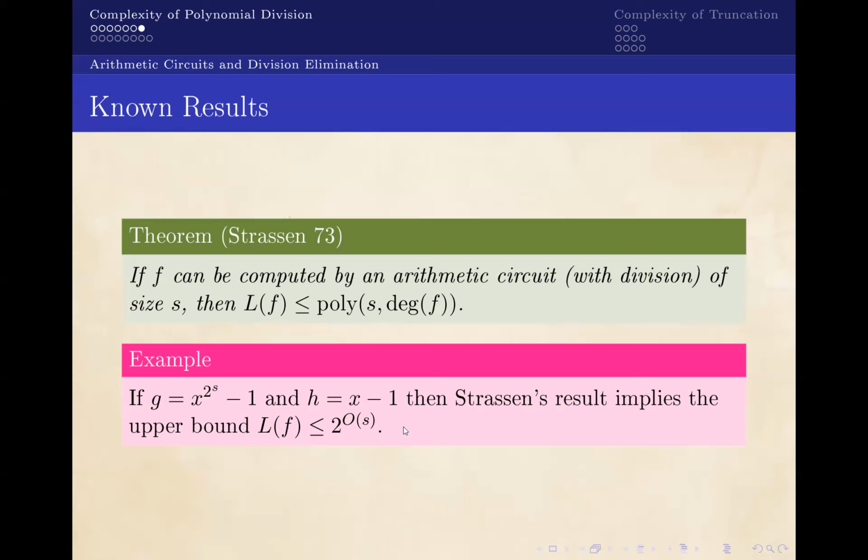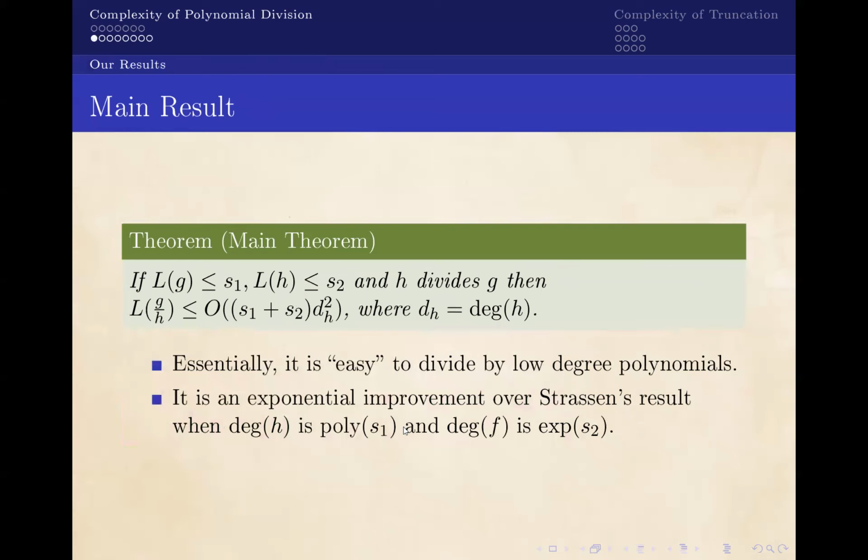So our result somehow remedies this case. Our result says that if you have two polynomials G and H, and the arithmetic circuit complexity of G is S1 and arithmetic circuit complexity of H is S2, and H divides G, then the arithmetic circuit complexity of G over H is at most O of S1 plus S2, and then you pay a quadratic blow up in the degree of H. Essentially, it says that if the polynomial which you are dividing by has low degree, then you are fine.